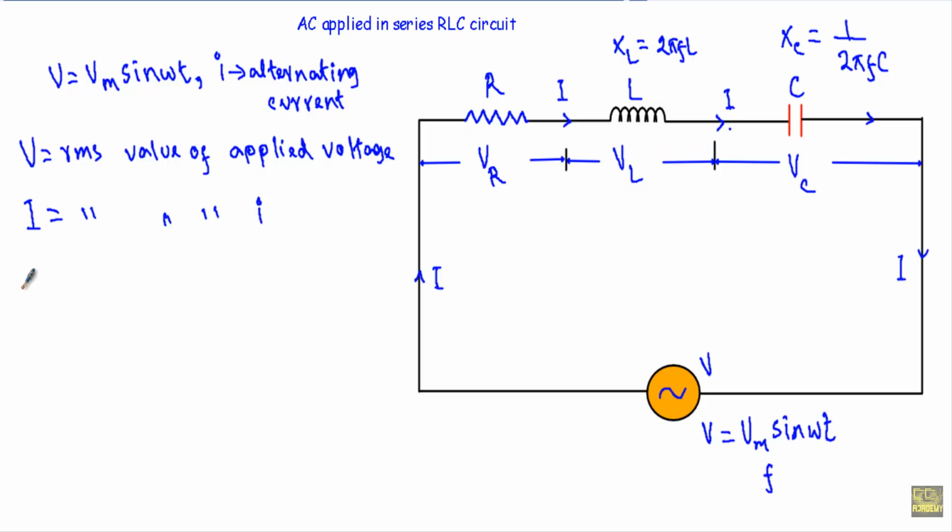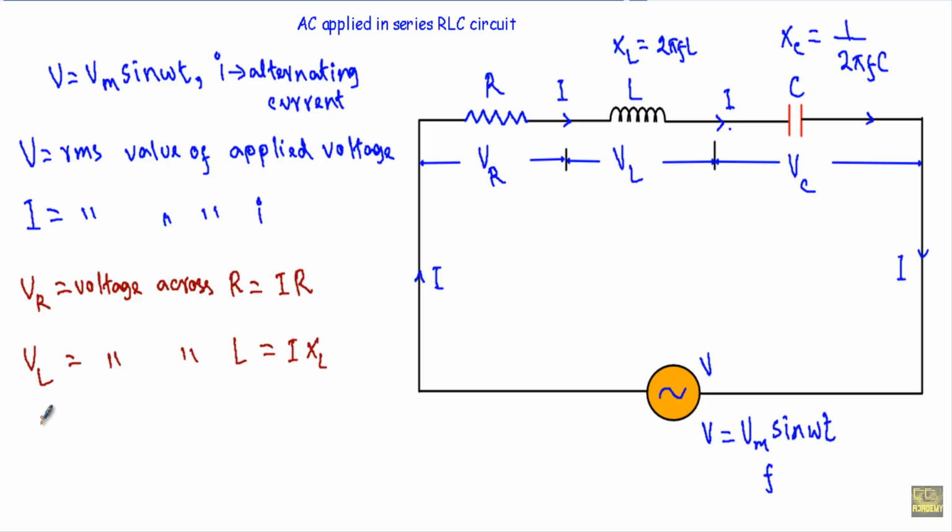Let's say the voltage VR is the voltage across resistance R, and that will be equal to I into R, Ohm's law. The voltage across the inductor is VL, and that will be equal to I XL, and the voltage across the capacitor, let's say VC, will be equal to I XC.